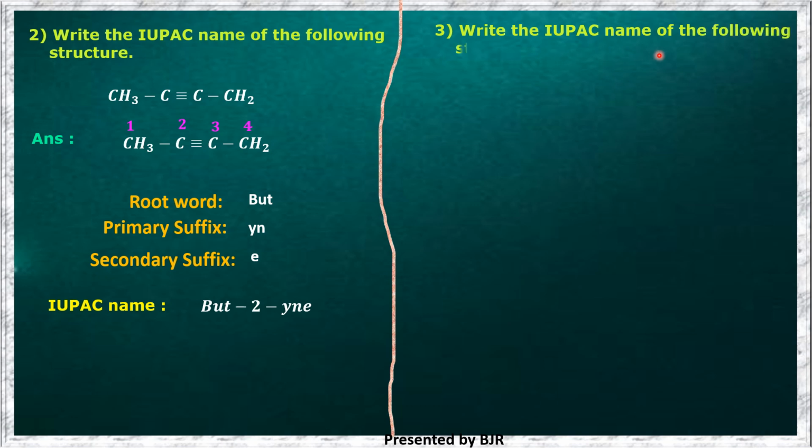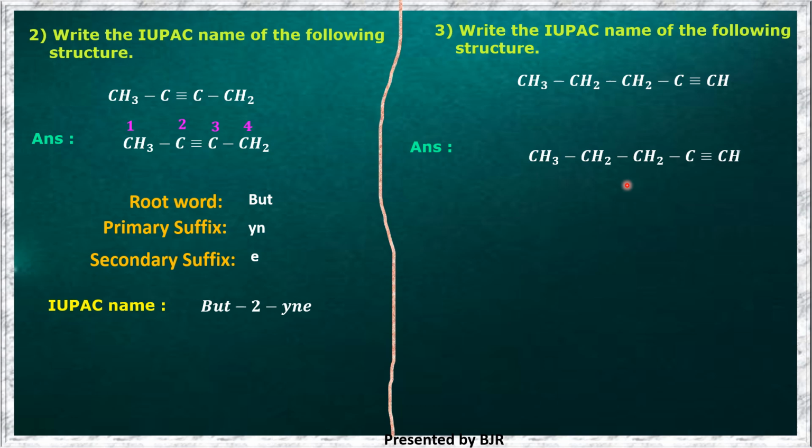Write the IUPAC name of the following structure. CH3 bond CH2 bond CH2 bond C triple bond CH. Okay. So this is the given structure and we have to do the numbering.